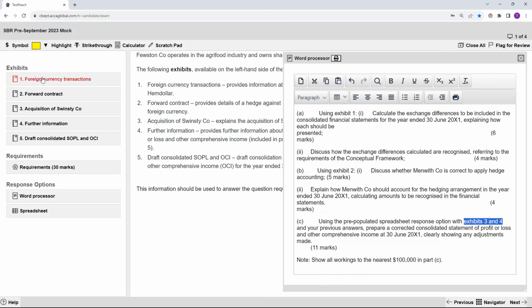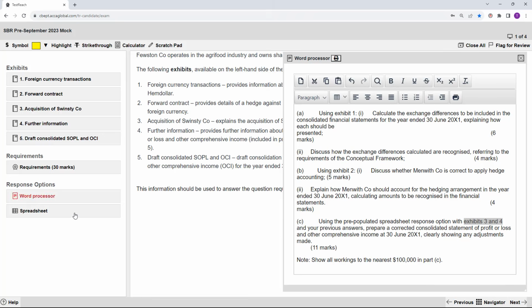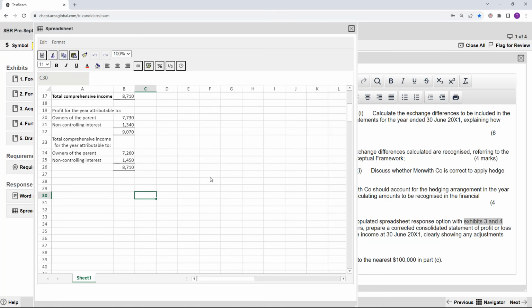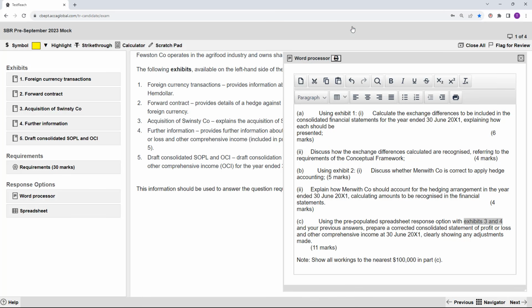So we've got these exhibits on the left-hand side here. The draft consolidated balance sheet, strictly speaking, you don't need to open that as such, because that information is just replicated within your Word spreadsheet response area. I want to answer this question as I would want you to do it, and that means not reading all the exhibits first.